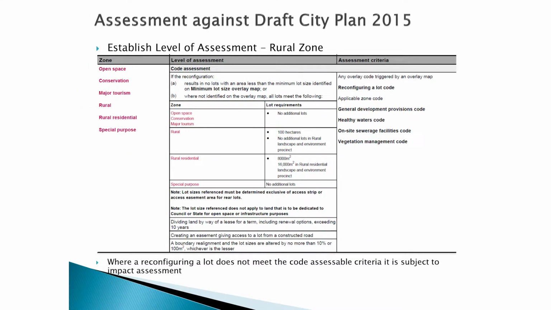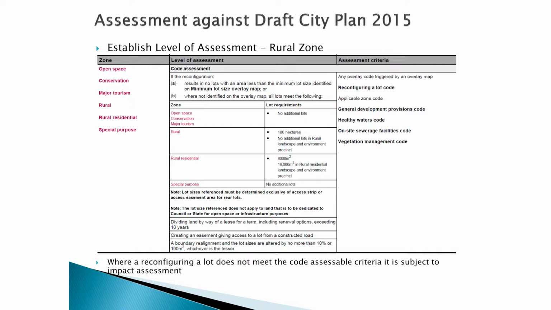Now we'll get to the 2015 scheme, and as we went before, we have the code assessment table, and then we have the impact below. So the code assessment says if they basically want the application under a code assessment, the outcome results in no lots with an area less than the minimum lot size identified on the minimum lot size overlay map. So we actually go down, and we're in the rural level of assessment.